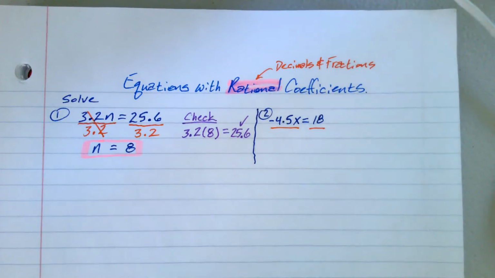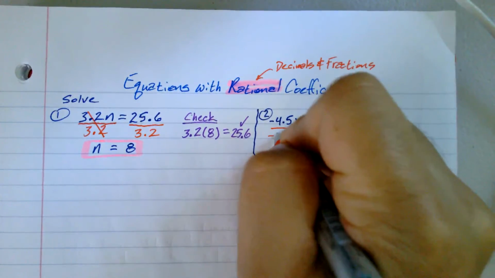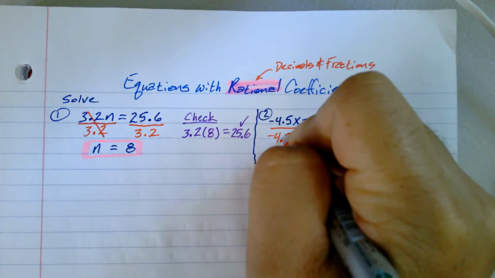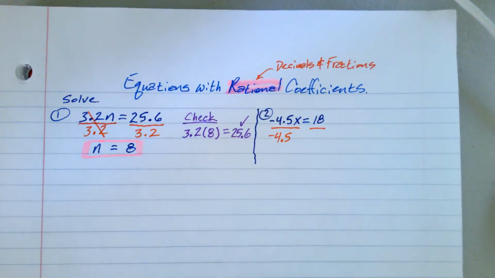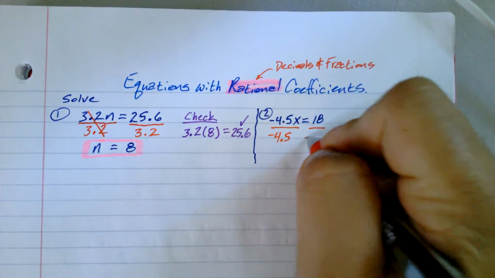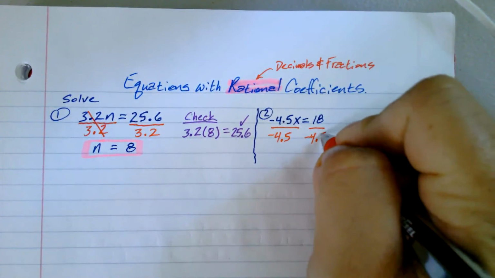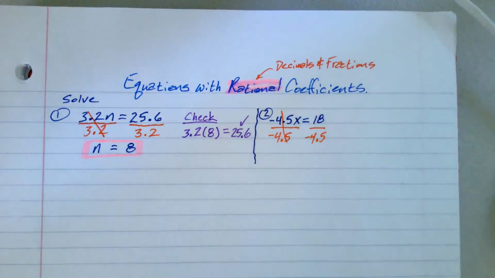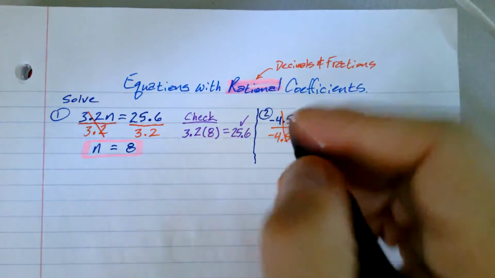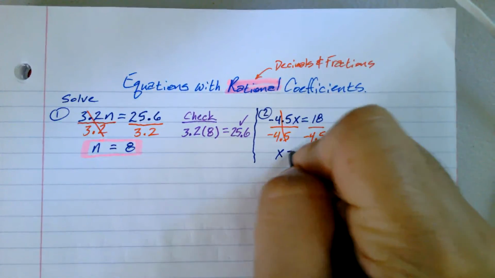Negative 4.5, correct. Yes, a negative 4.5. You divide or multiply by the exact same number that you want to eliminate. Okay? And that should give us an answer.